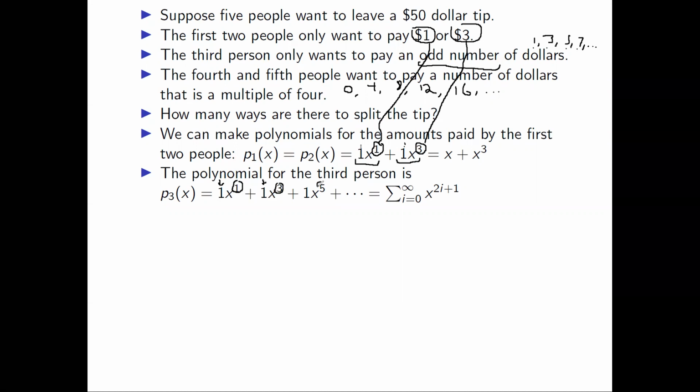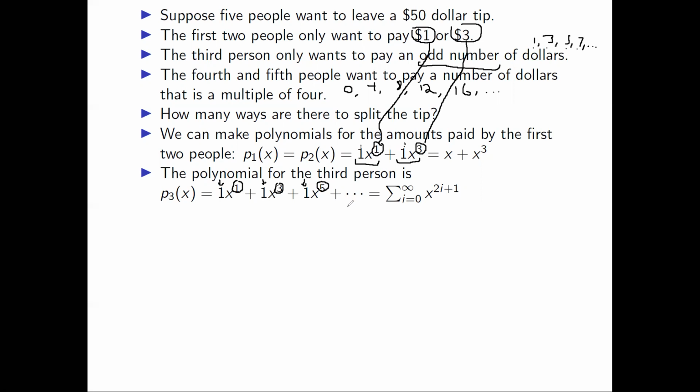And it keeps on going like that with the even numbers. We get 1s in front of x to the, oh, I said even. I meant odd. These are all odd numbers, 1, 3, 5, 7, and so on. So in front of the odd powers of x, we're getting coefficients of 1. In front of all the other powers of x, we get coefficients of 0 because all the other powers are even powers. And person 3 is not willing to pay an even number of dollars.